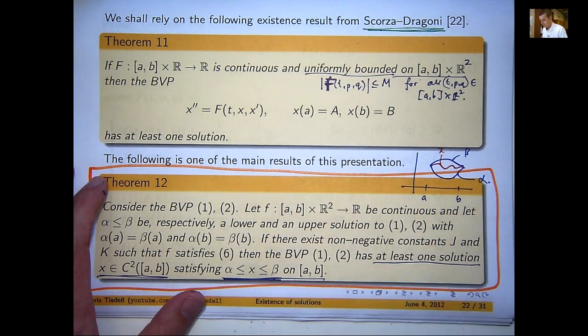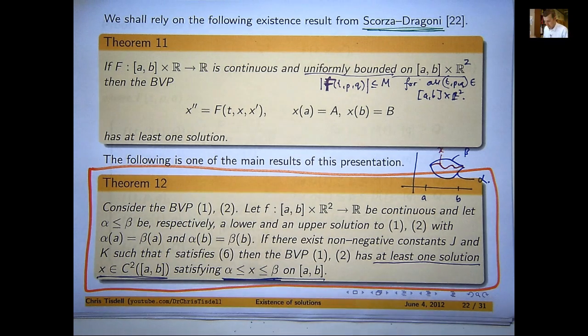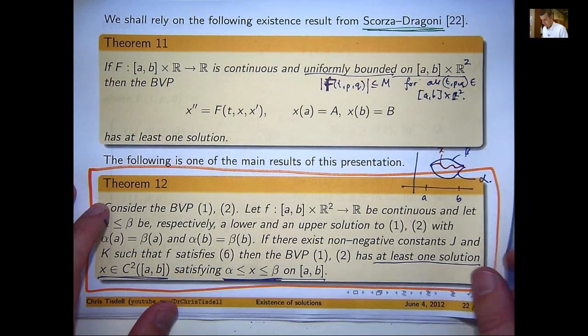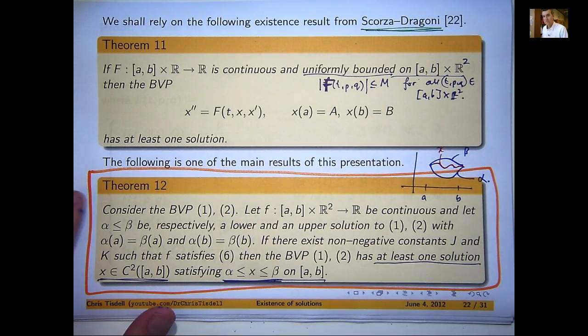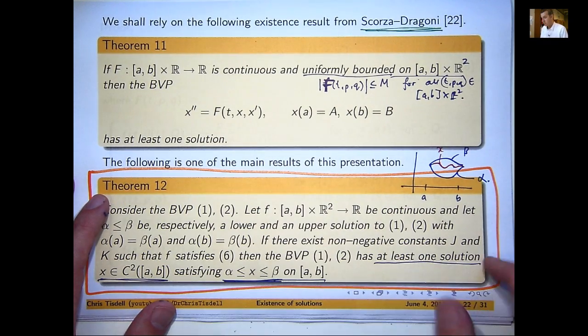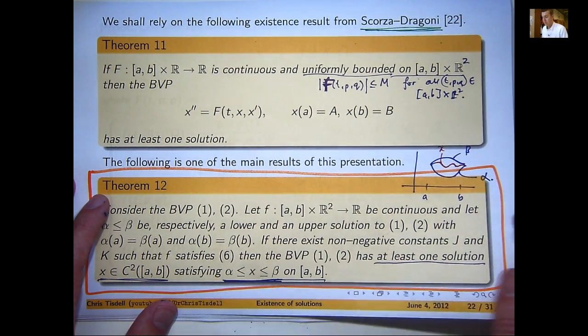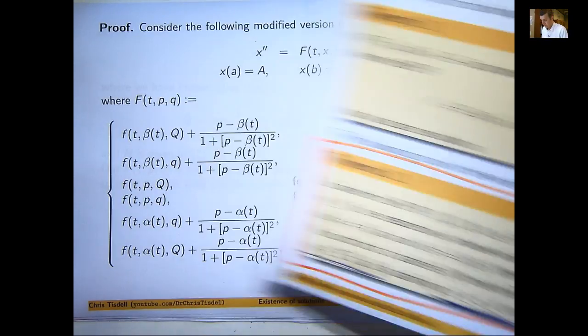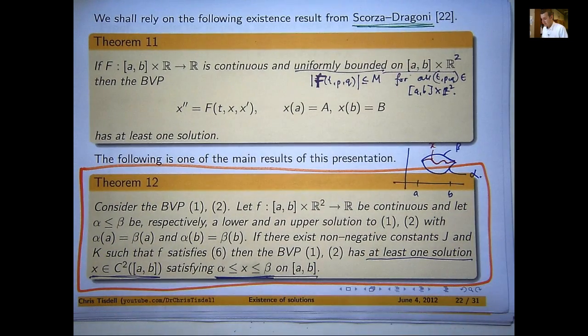Okay, so how do we prove it? This is the real main idea of this presentation. Well, we use the ideas that we've already seen in the previous section, and of course we're going to use this very important result of Scorza-Dragoni.